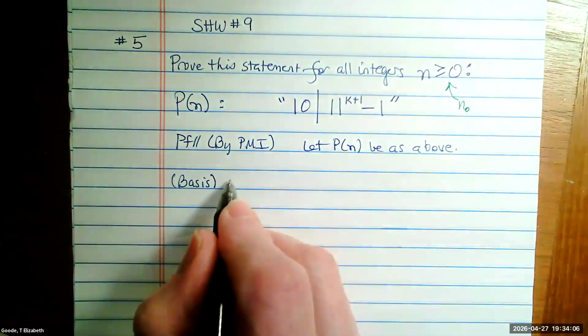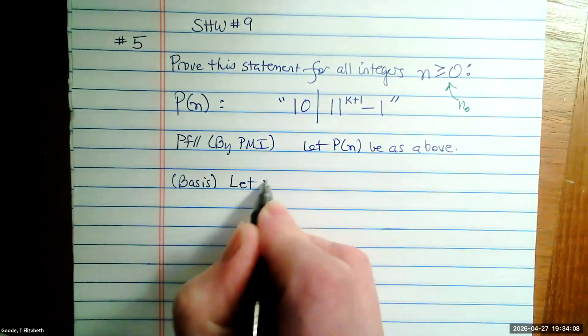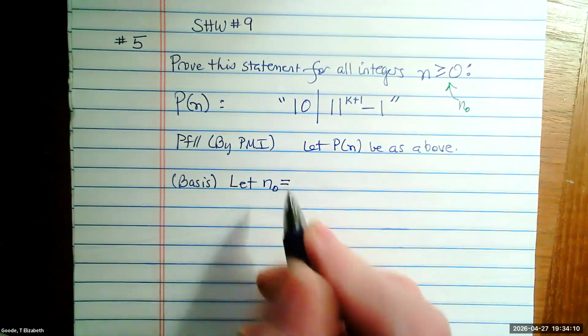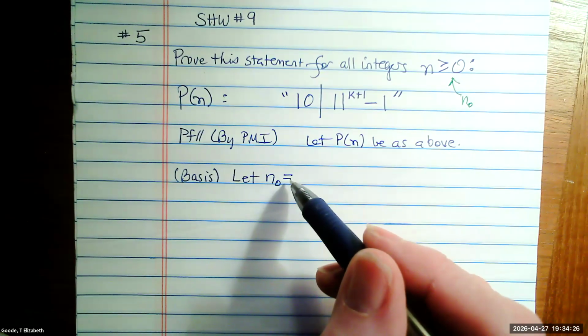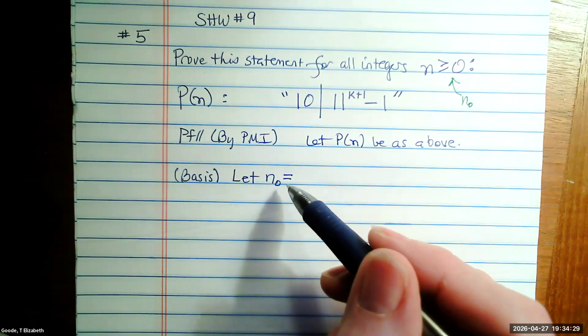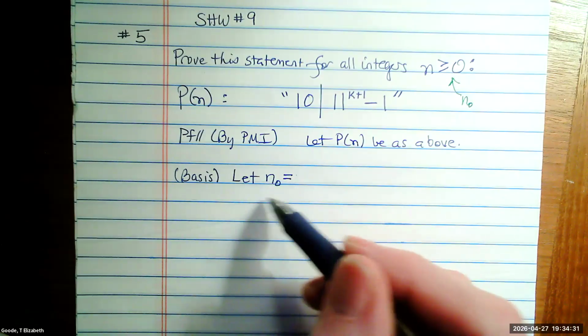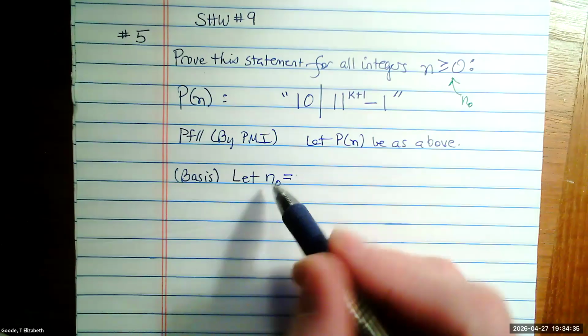So what should we let n naught equal? We always start the basis by telling the reader where we're starting, for what integer we're starting. So what is our n naught?